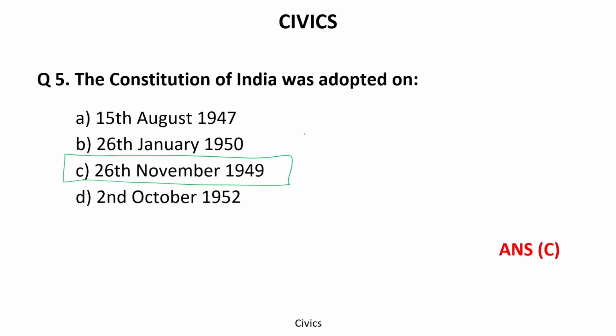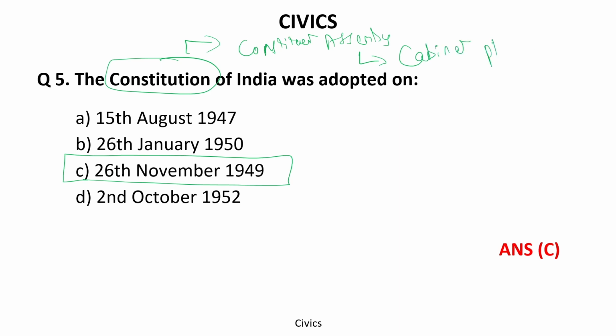1949. Okay. Now remember the timeline which I had told you. First of all, the Constitution of India was framed by the Constituent Assembly, which was appointed within the Cabinet Mission plan in 1945.